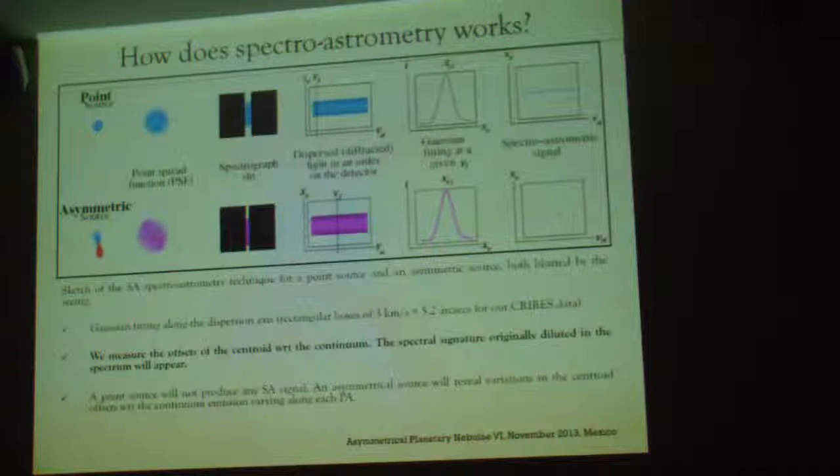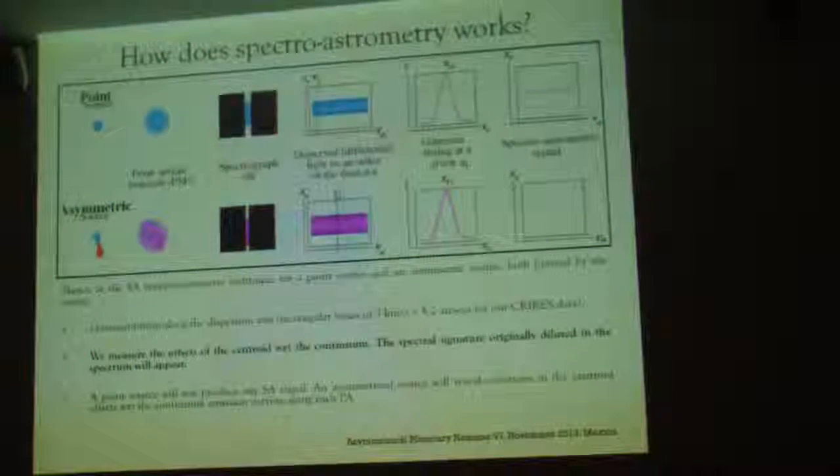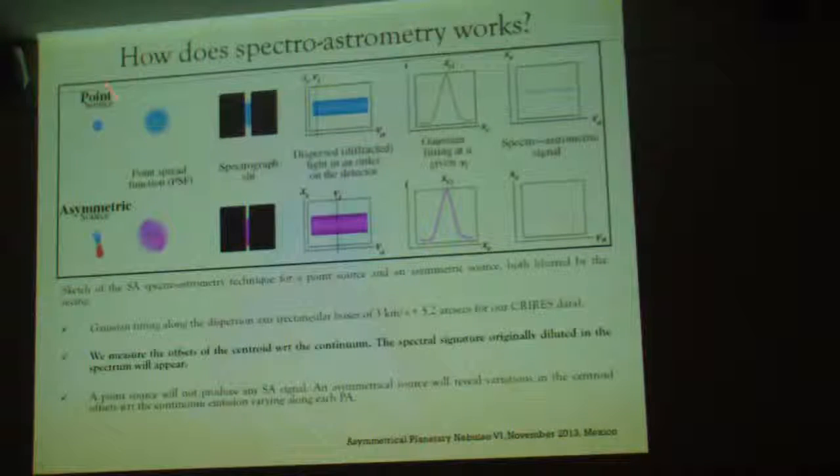In the case of the point source, we will not detect any variation of the offsets, and it will not vary at any position angle if it's a truly point source. But if it's asymmetric, we will start to see variation of the offsets, and then the original structure that was diluted in the continuum will appear.